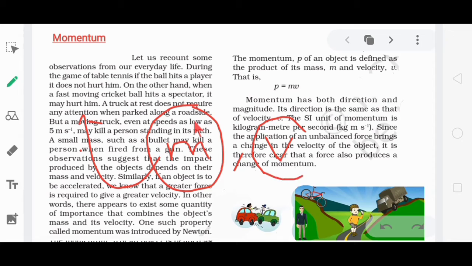Whereas when the truck was moving, just because of its velocity, it provides an impact on the body. A slow moving car hurts less, whereas a fast moving car hurts more, but a fast moving cycle hurts less. It means this impact is directly dependent on these two terms, mass and velocity.